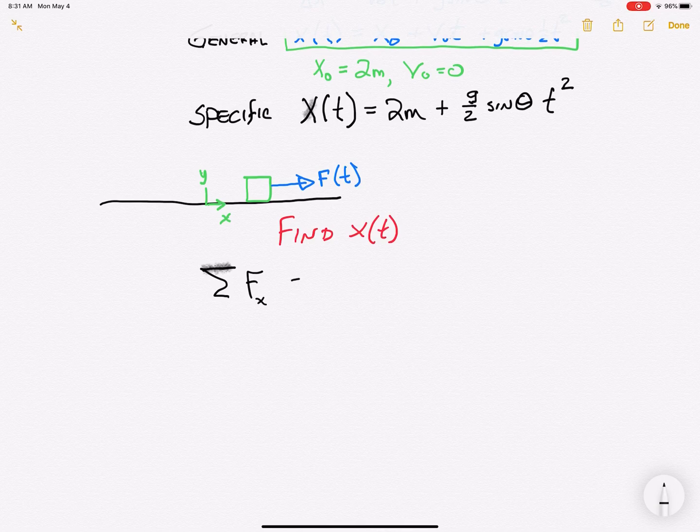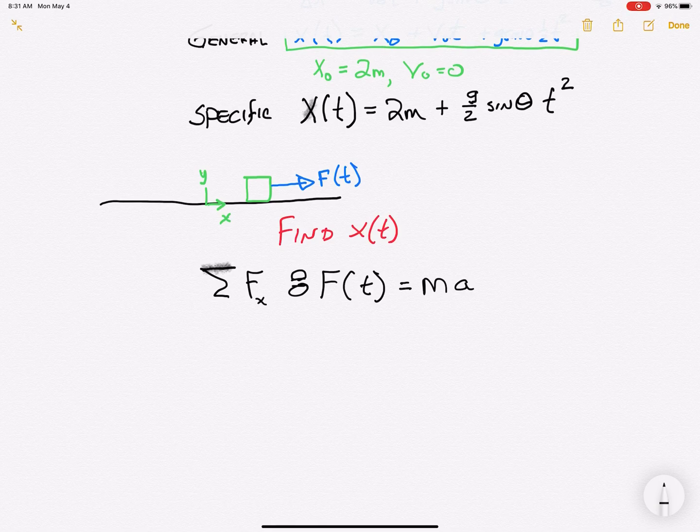And what we'll find is that the f of t in the x direction is equal to the mass and the acceleration.